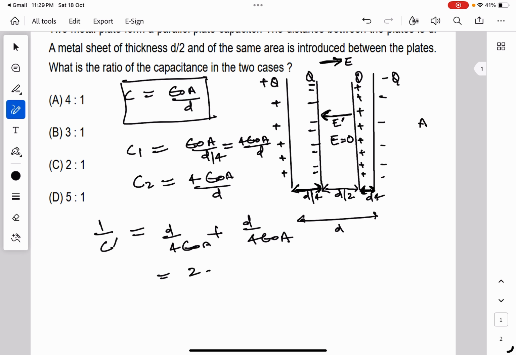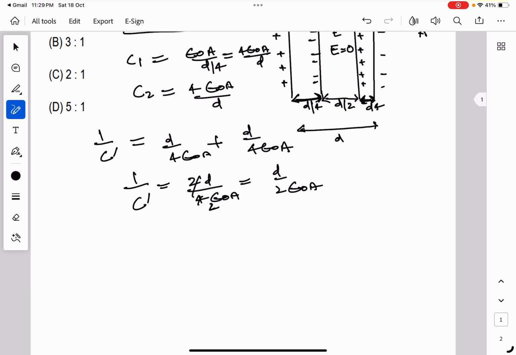This is equal to 2d upon 4 epsilon naught A. This is equal to d upon 2 epsilon naught A. Therefore, C dash is equal to 2 epsilon naught A upon d.